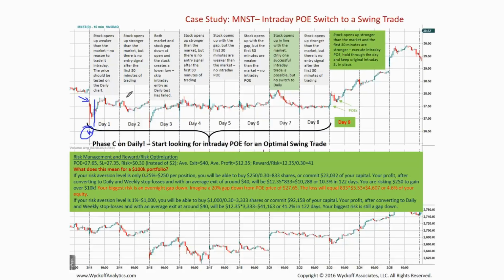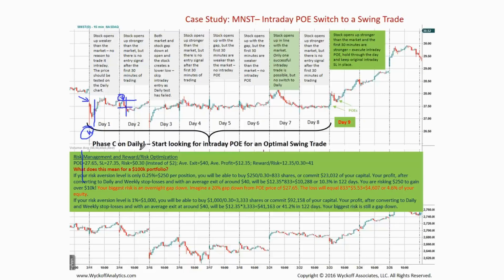Next day, the first 30 minutes could be stronger than the market, but there is no real breakout to the upside in the first 30 minutes. So again, we're inclined not to trade here.